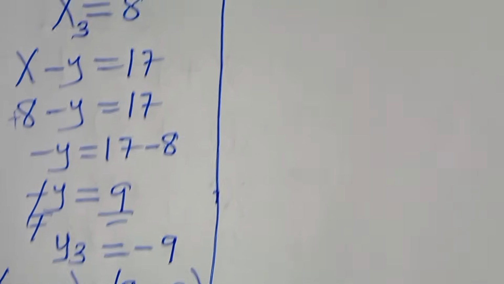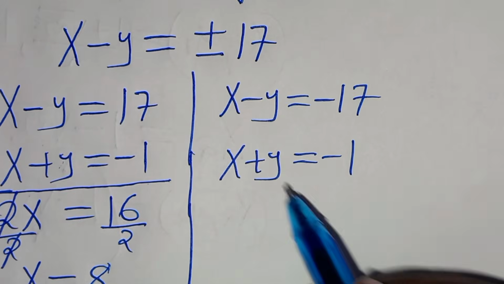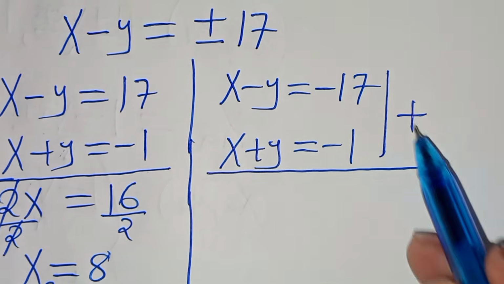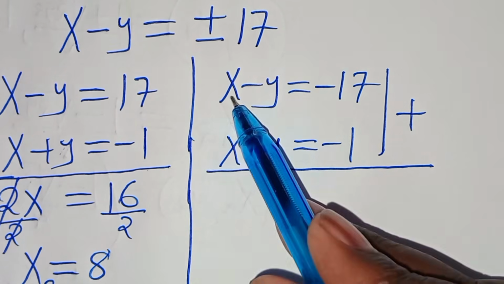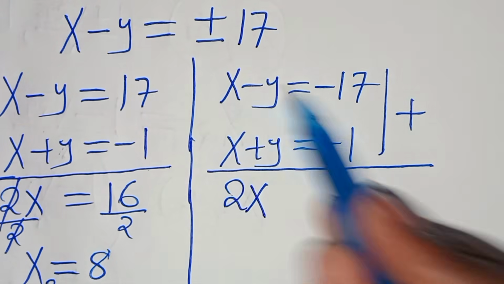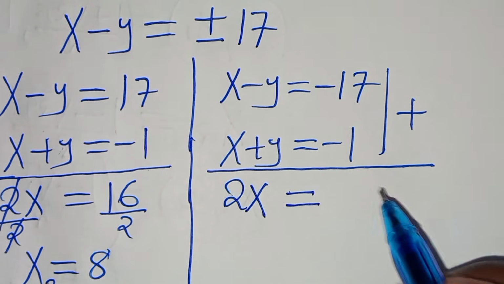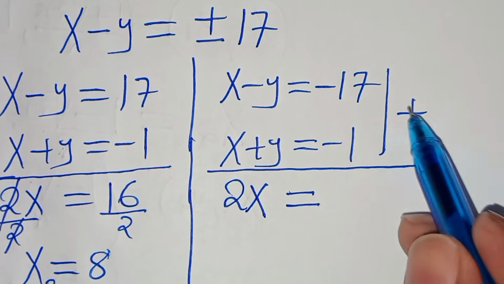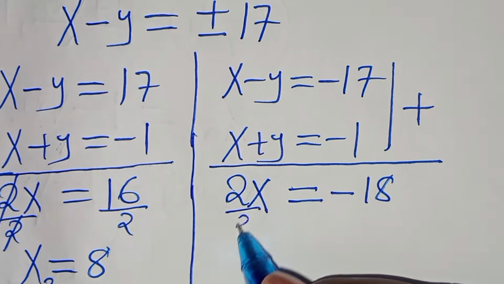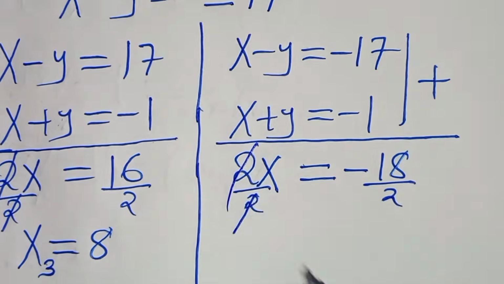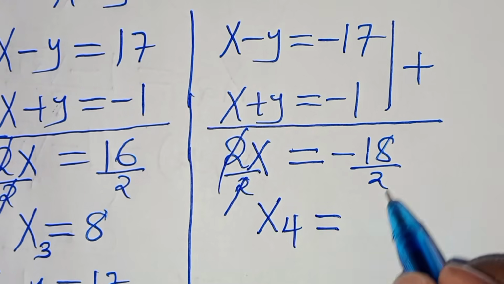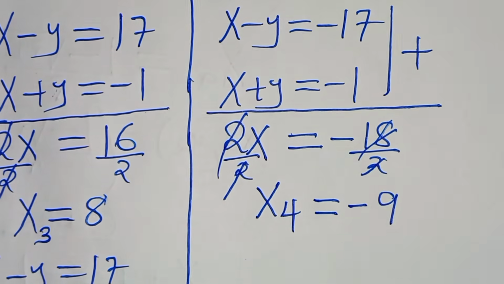Now, let's solve the next case here. Again, we have a system of two linear equations. So let's sum these two equations. X plus x is 2x. We have minus y plus y, which simplifies, and this is equal to minus 17 plus minus 1, which is minus 18. Let's divide both sides by 2 so that x4 is equal to minus 18 over 2, which is minus 9.